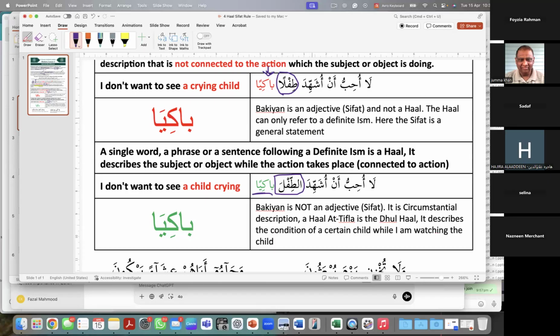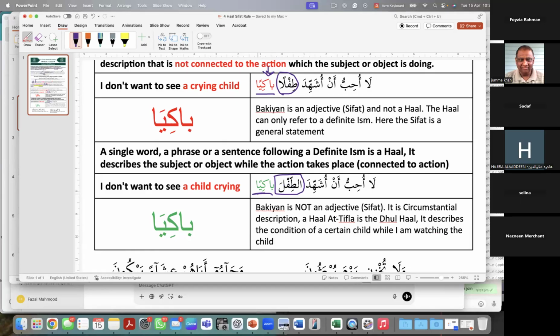No. We said sifat would be after nakira ism, and hal would be after marifa ism. Al-tifla, marifa. Okay? Oh, sorry. It's just mixed up. No problem.